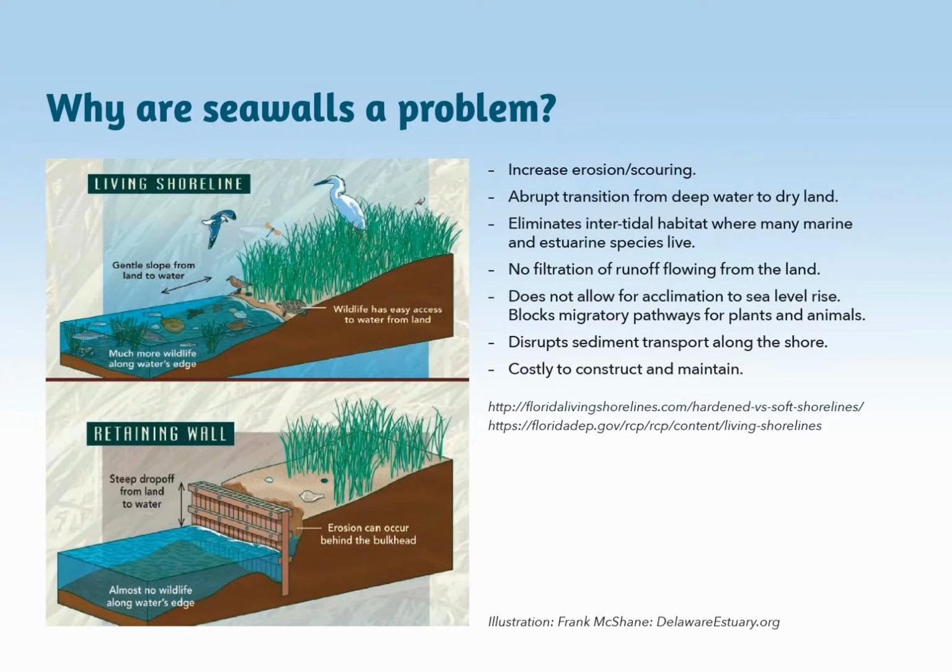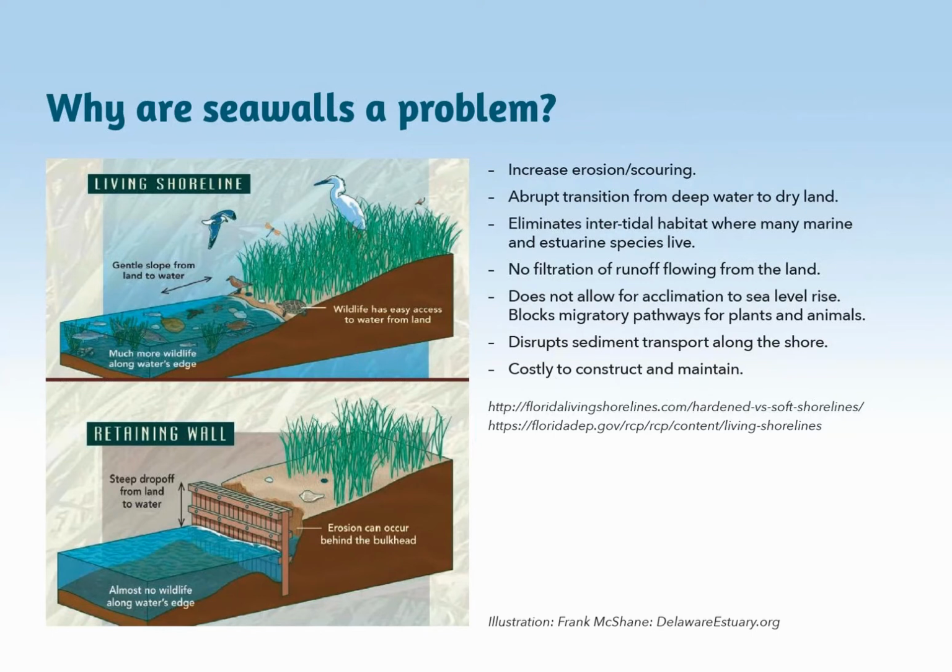So, when we talked about natural systems having connectivity between uplands to the marsh area and then into the water, that's what you see in the top figure. That kind of connectivity is broken when you add something like a seawall. So you have this dramatic drop off. There's not really much in the way of habitat for anything to live on this.